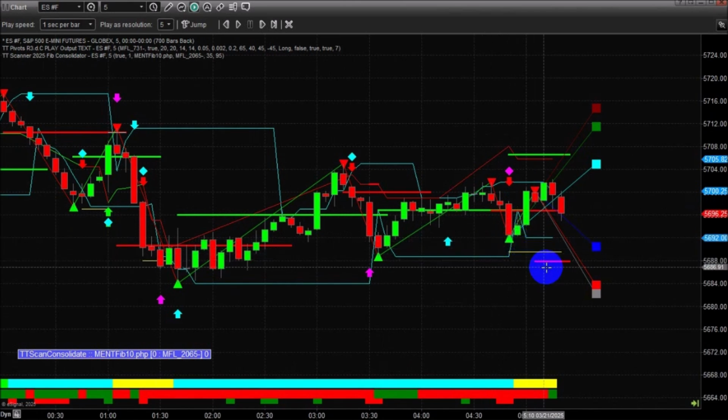And then we moved down into this trigger. So now we've either got to get above this level, 5706 roughly, or this level, 5687 or 88. And watch how this plays out.